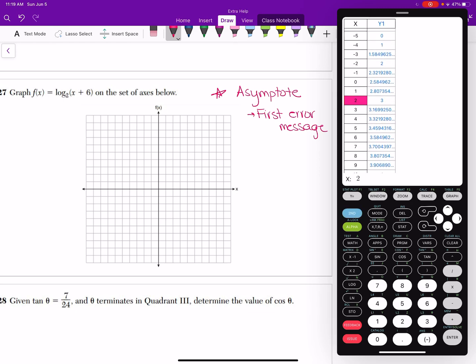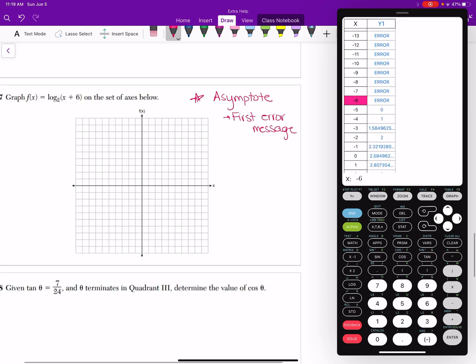Go to my table, and you should see that your first error message is at -6. That means that wherever the -6 is, there should be an asymptote, which is the imaginary line that you are not allowed to cross over. So even though it doesn't ask for it, I would put it in if I were you.